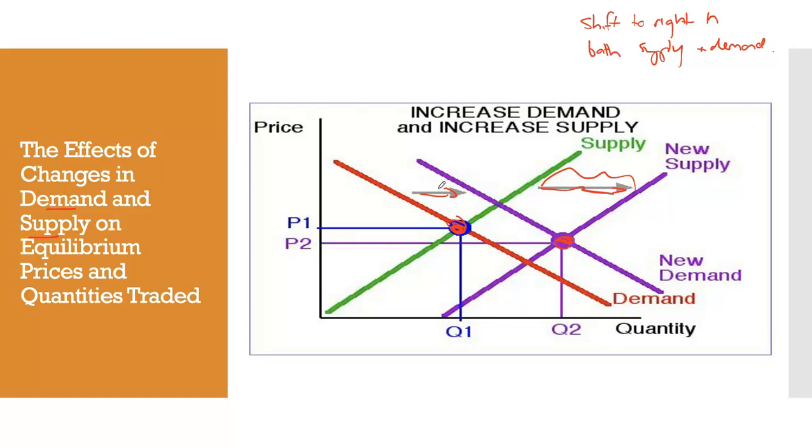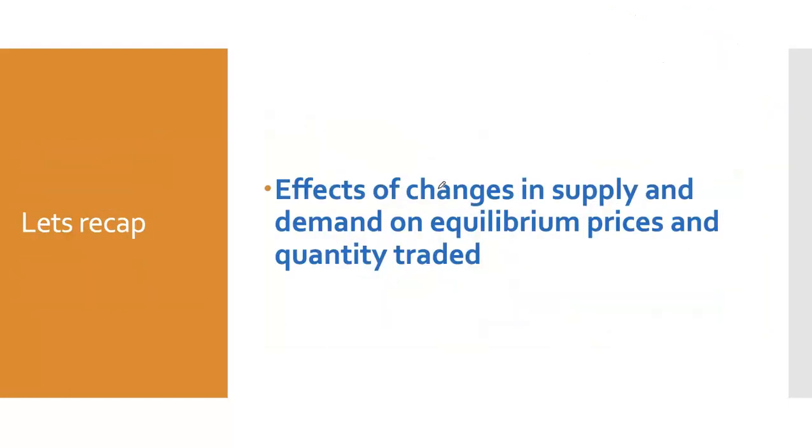So, a relatively complicated concept, but let's recap. Hopefully this video has helped you understand the changes in supply and demand and equilibrium price. Most importantly, equilibrium is the point where supply equals demand, and that is where the market will drive it to, because at that stage there will be no shortage or surplus.